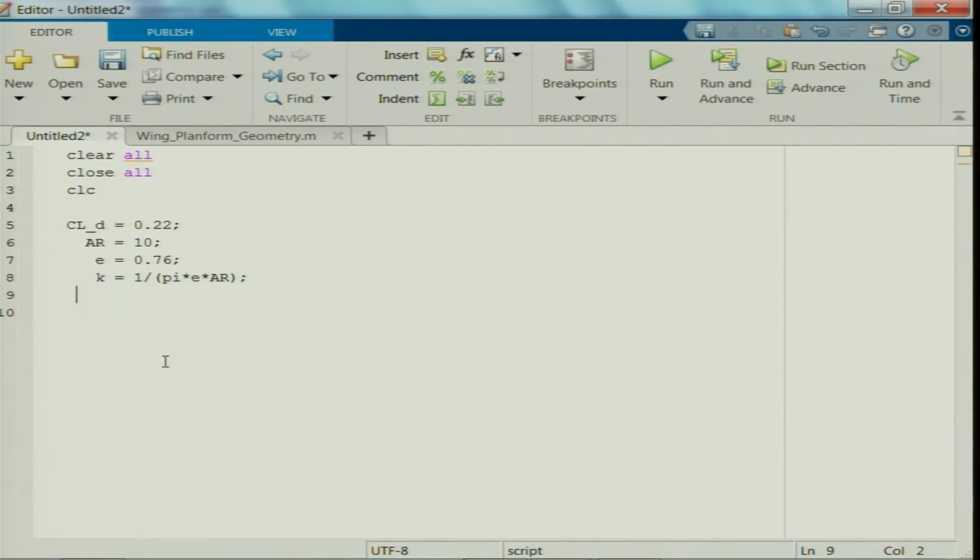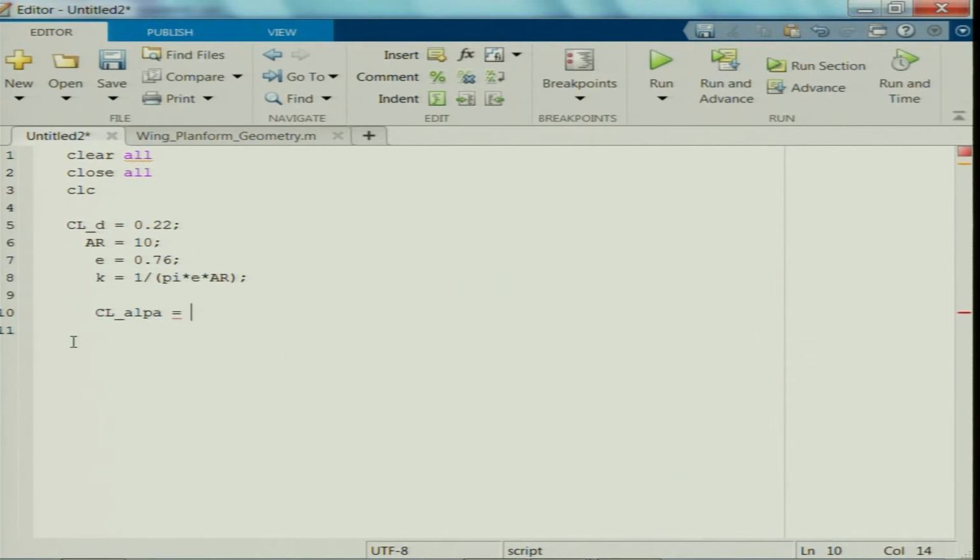These are done. Now what we need to do is we have to vary this. We need to find out what is CL alpha 3D, right? CL alpha. This capital letter CL here talks about the 3-dimensional case.